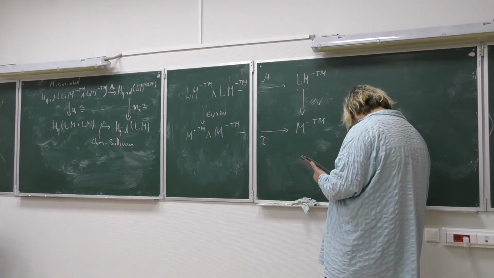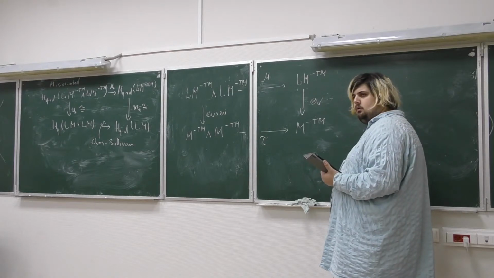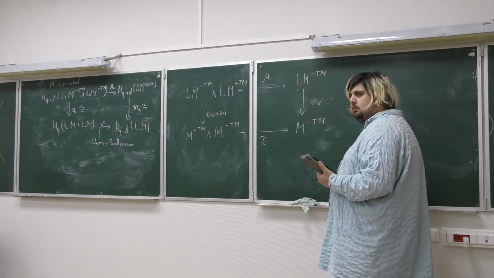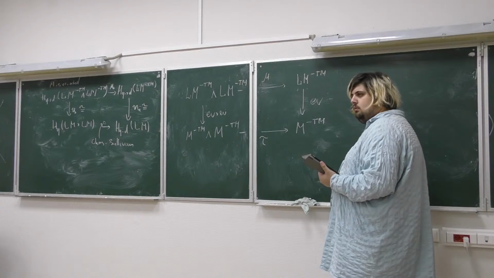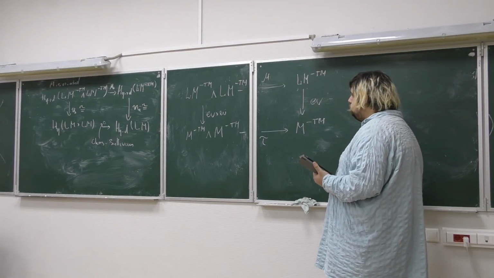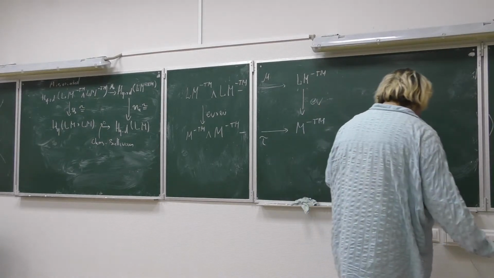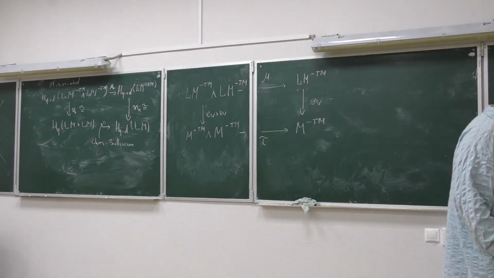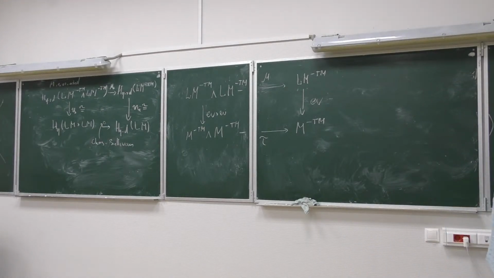What is the product of constant loops? Constant. I don't understand why it should be actually.